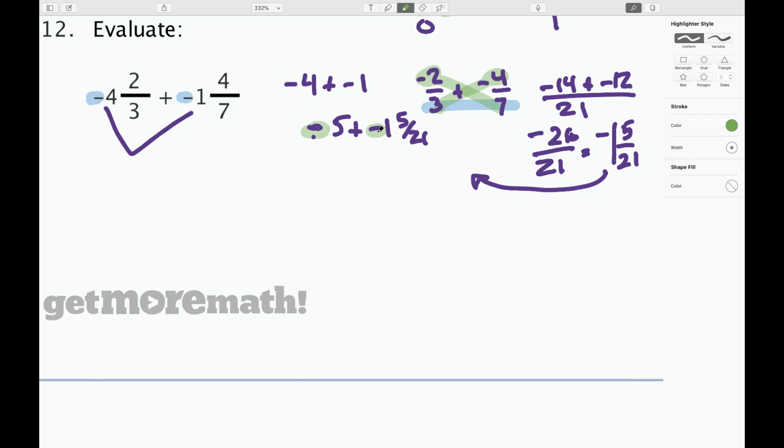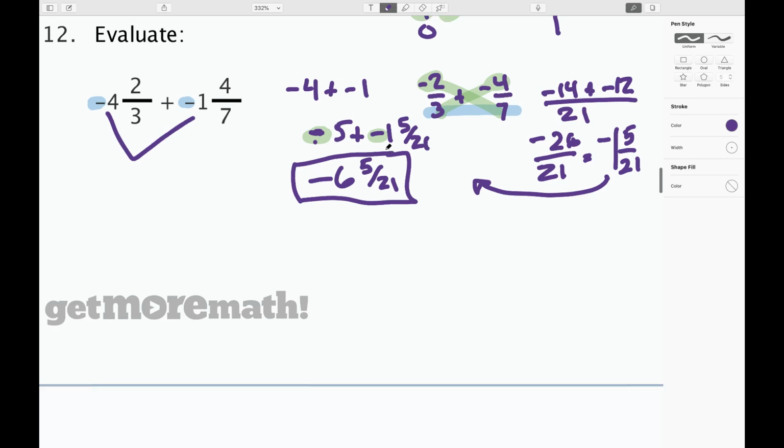Okay, so -5 plus a -1, so that's going to be -6 and 5 21s. And that is how I model that. So I take the whole number part of it away, I deal with the fraction, and then I bring it back and combine those.